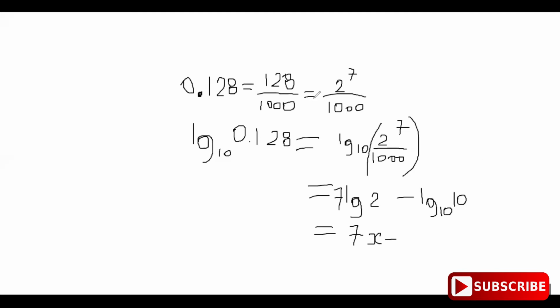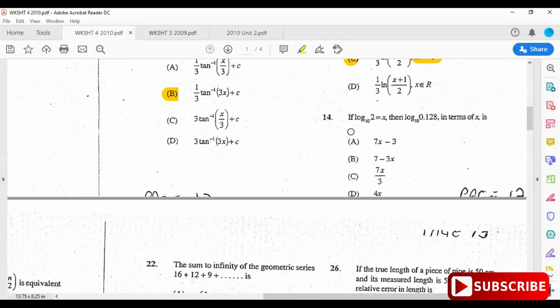But log 10 of 10 is 1. So it's minus 3 times 1, which is 3. So the answer is 7x minus 3. Easy question.